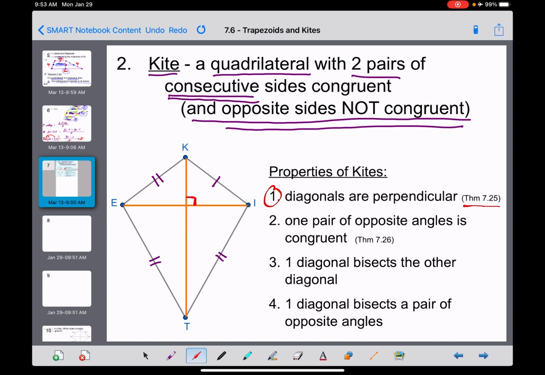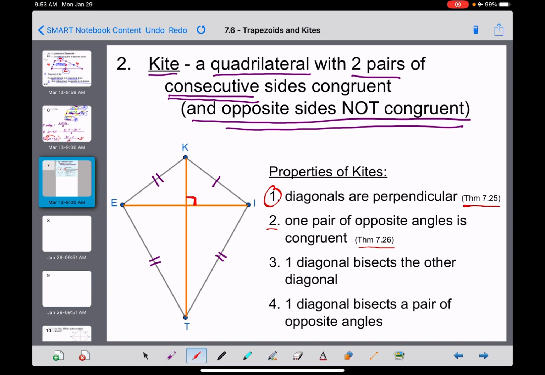Okay, what else? This gets a little wordy now. In part 2 here, the second property, this again is a theorem out of the book, theorem 7.26, one pair of opposite angles is congruent, but not both. Now, this gets really wordy if we try to write it out here, guys.